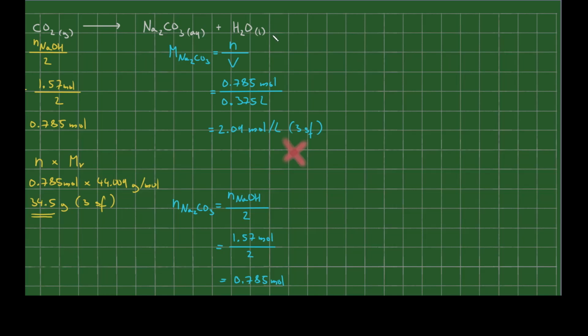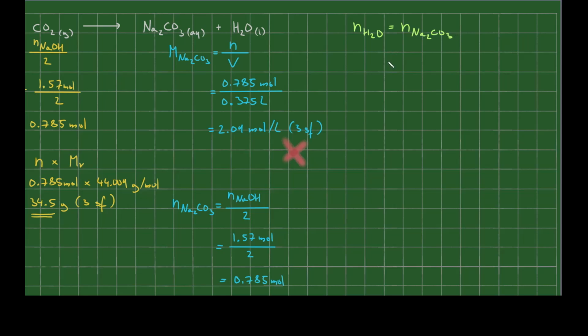How much water is being generated by this reaction? Based on the reaction ratio, I could say that for every mole of sodium carbonate, I will also get a single mole of water, which means the number of moles of water equals the number of moles of sodium carbonate.